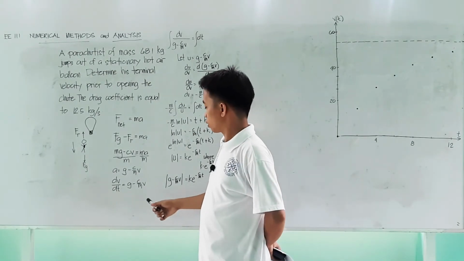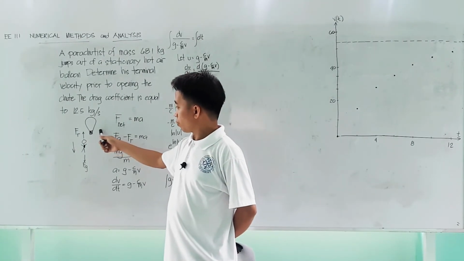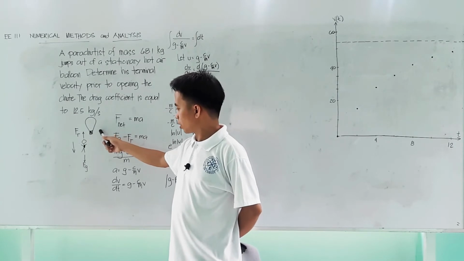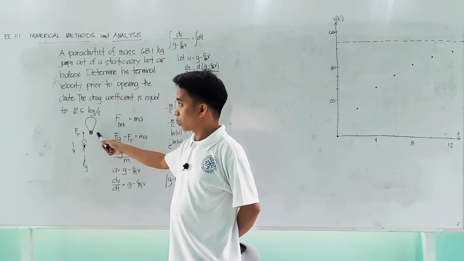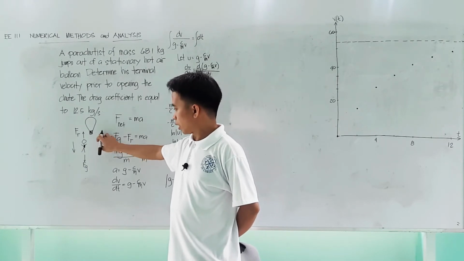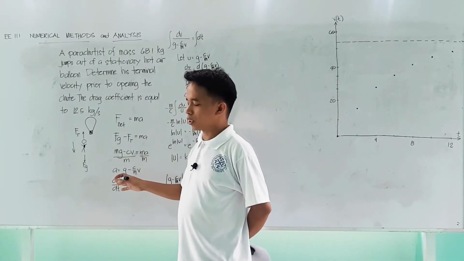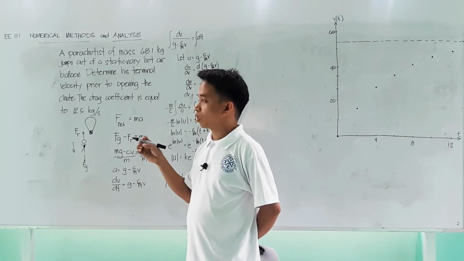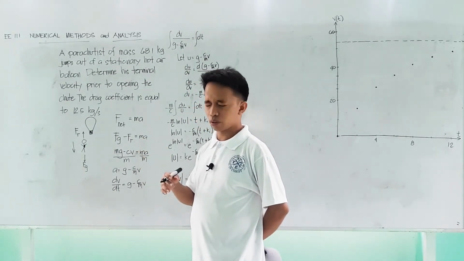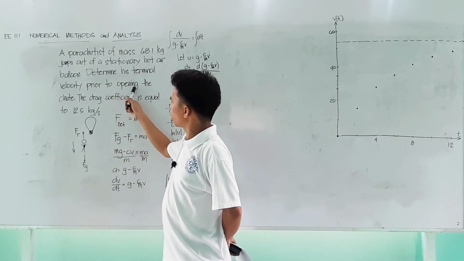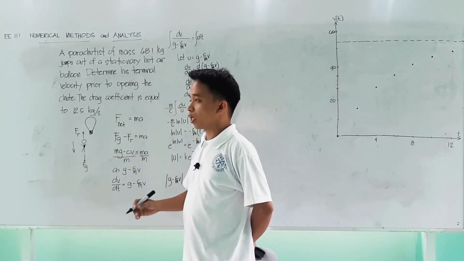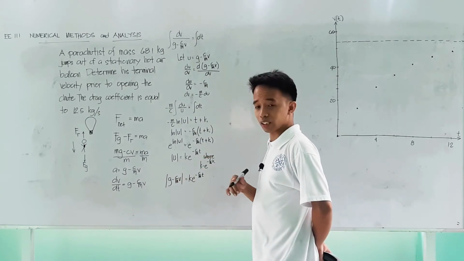Now we know that the velocity increases until it reaches a constant value. Therefore, our velocity prior to opening the chute is not negative.